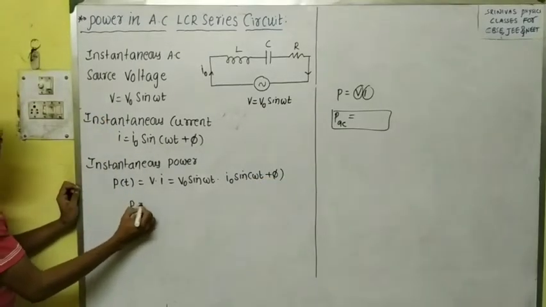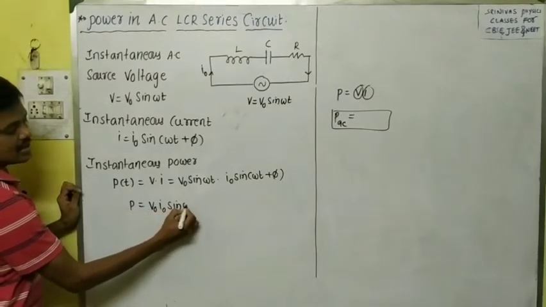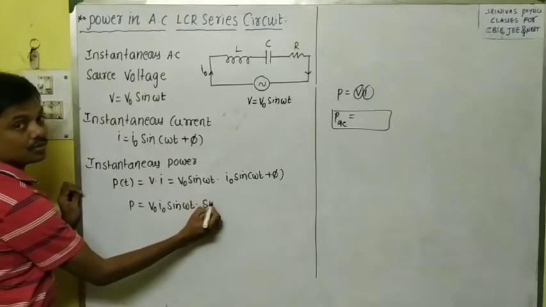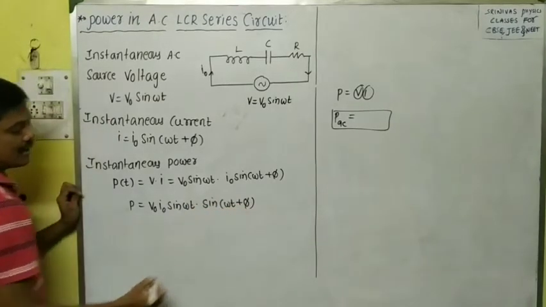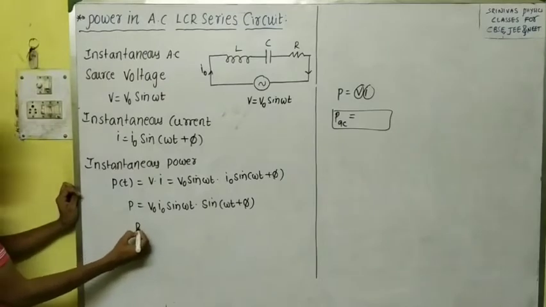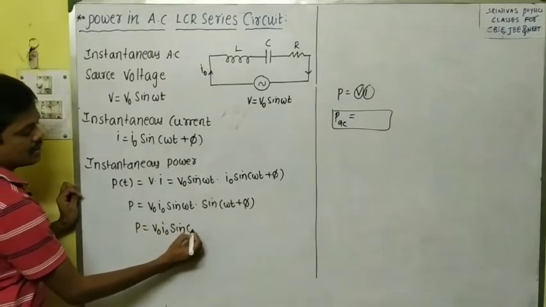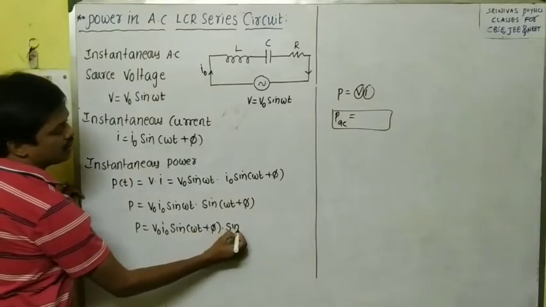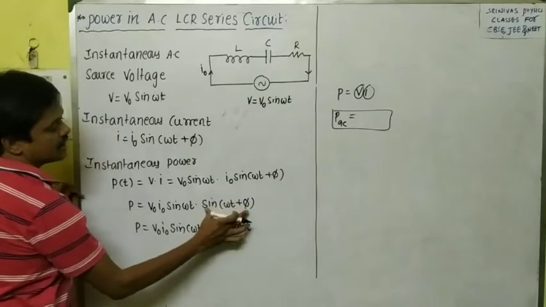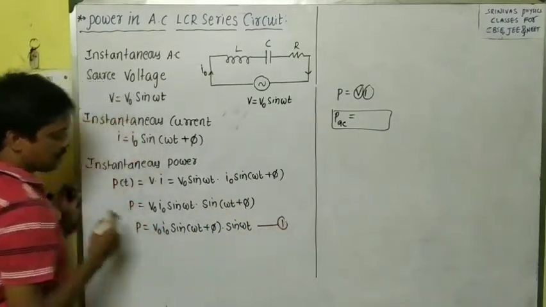Then we get the power function as V0 I0 sin omega t into sin(omega t plus phi). Okay, first I am writing this. This is equation 1. Let us consider this is the power equation.